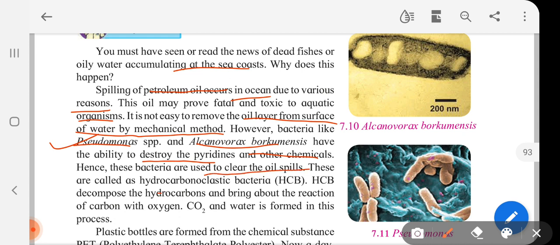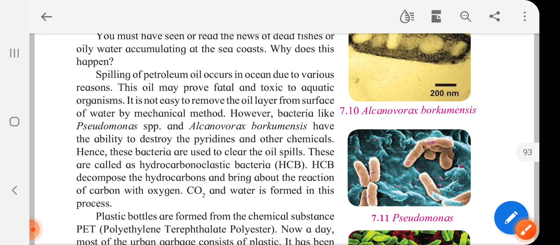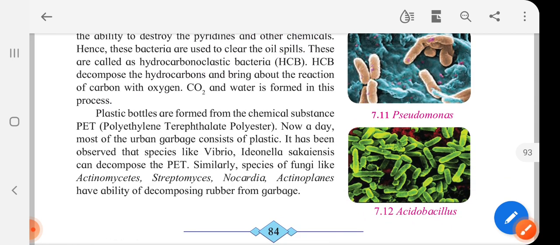These are called hydrocarbonoclastic bacteria. HCB decompose the hydrocarbons and bring about the reaction of carbon with oxygen. Carbon dioxide and water are formed in this process. Plastic bottles are made from chemical substances like PET, polyethylene terephthalate polyester.